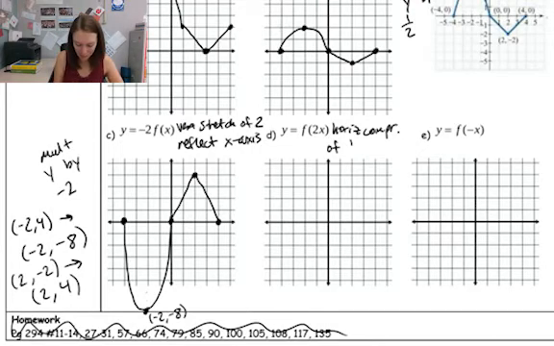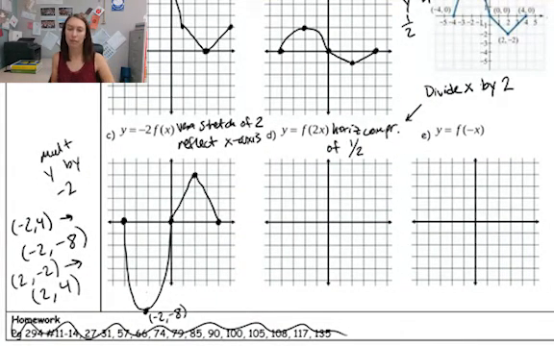I think I'm going to say 1/2 because that's kind of what's happening, it's compressing it by a factor of 1/2. It's backwards. So when we have a B value, instead of with the A, where we multiply y by A, here we're going to divide x by whatever the B value is. In this case it is 2.